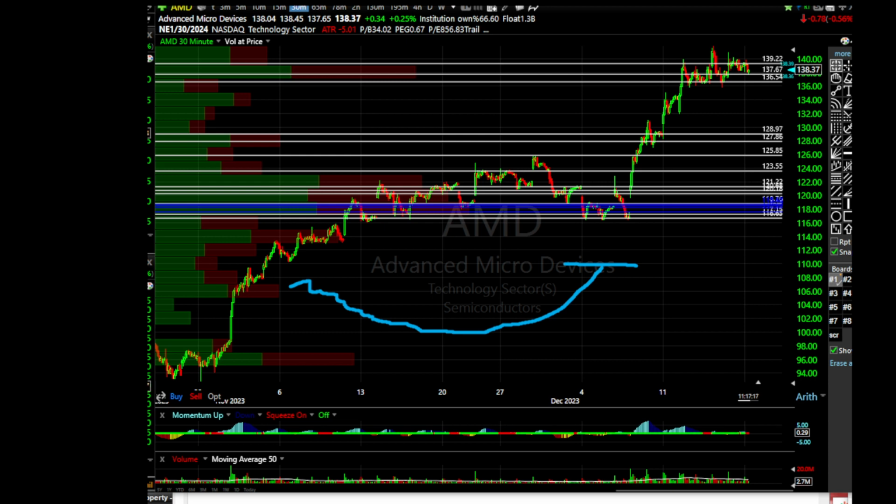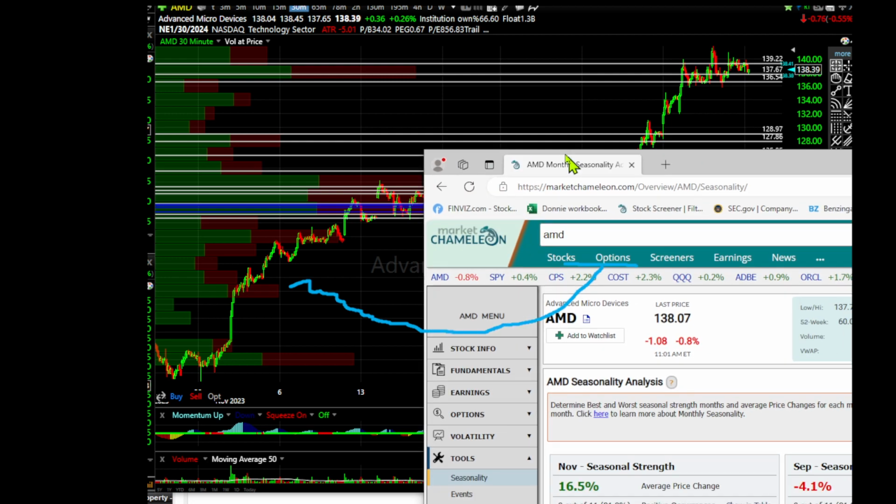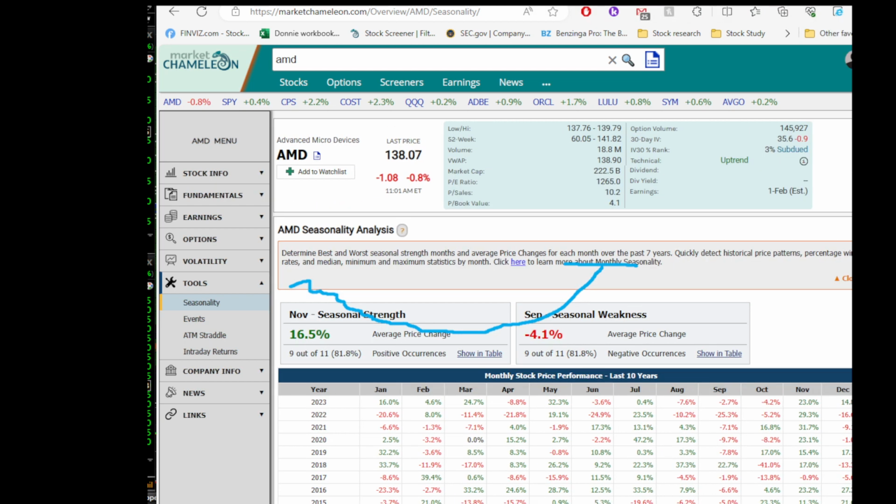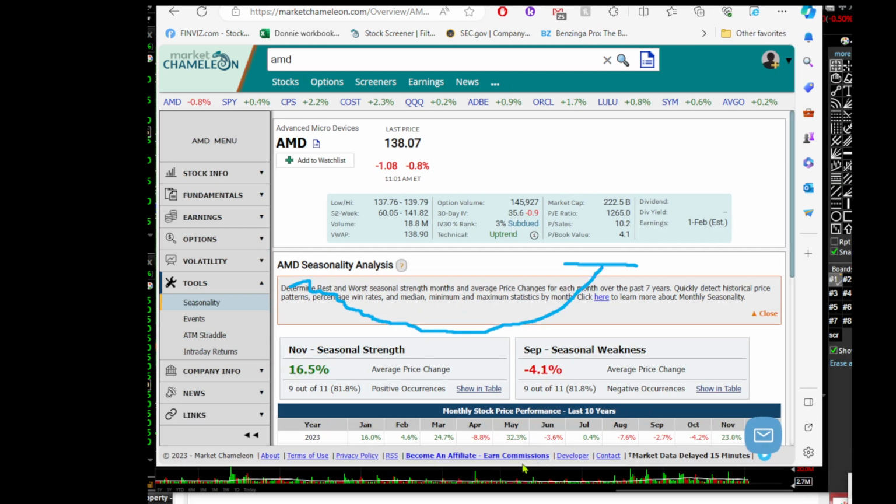And one of the things I want to get you guys to understand here is what waiting for a TTM squeeze does for you on an option. So when you're expecting a big move, right?